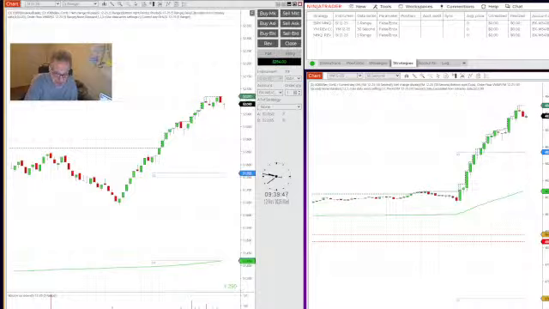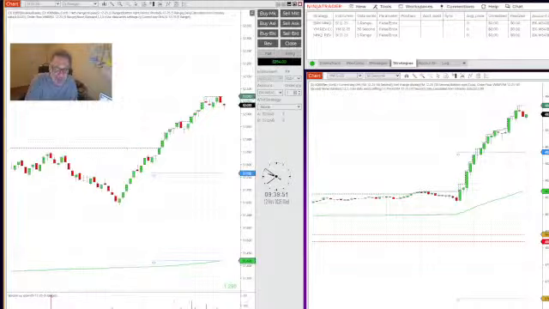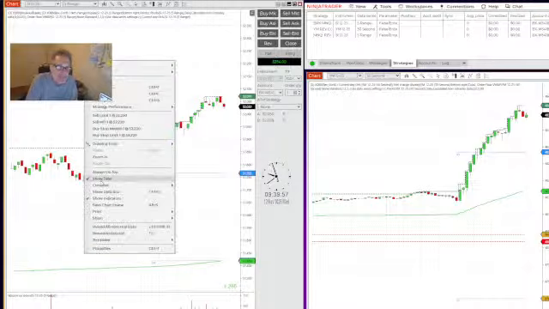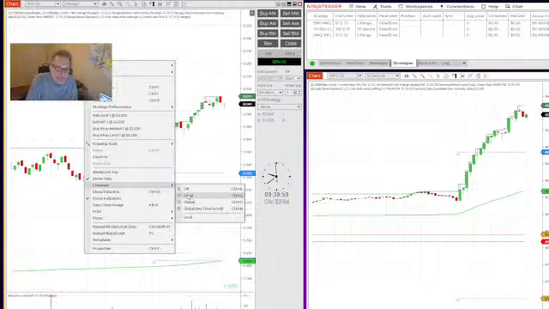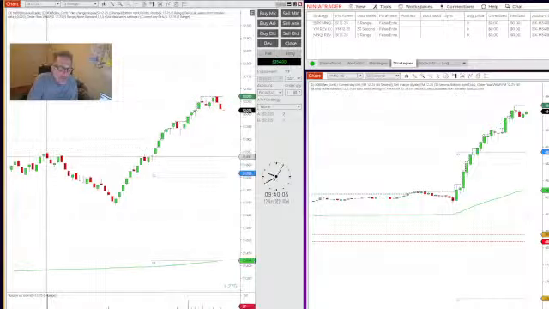If you look at it on the range chart, you can just see the movement much, much better. So silver on a 5 range at 9:30 was right in this area.